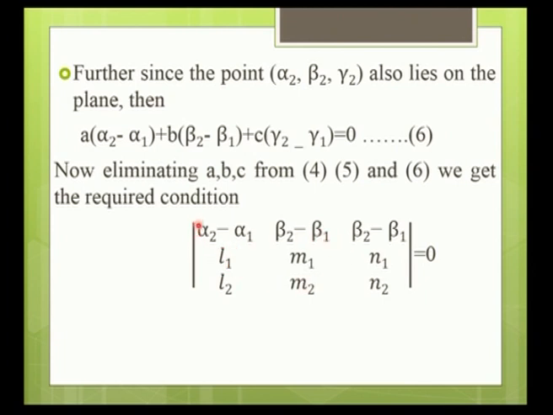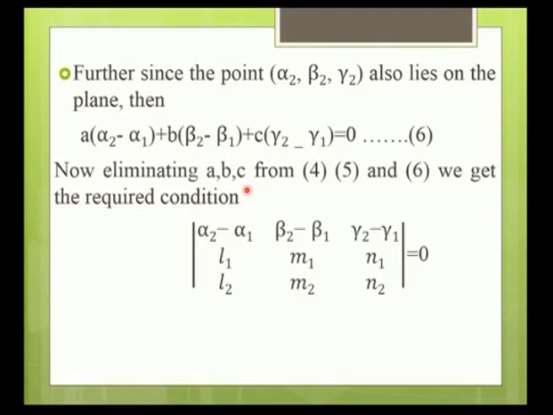The required condition is in determinant form. Eliminating a, b, c from the three equations, we get the condition as the determinant with rows (α2 - α1, β2 - β1, γ2 - γ1), (L1, M1, N1), (L2, M2, N2) equal to 0.